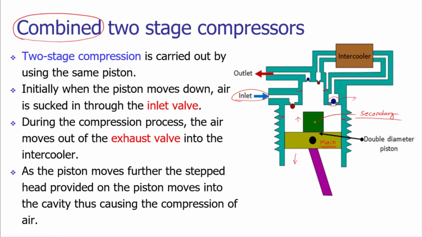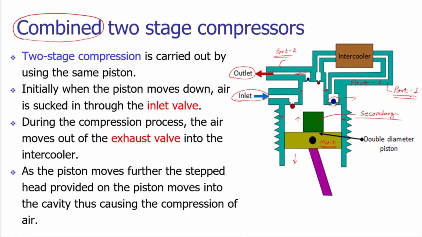The air will be compressed and passed through two different ports which are connected to the outlet of the system. So here you notice there are two ports, port 1 and port 2. Port 1 and port 2 are connected to the outlet valve.